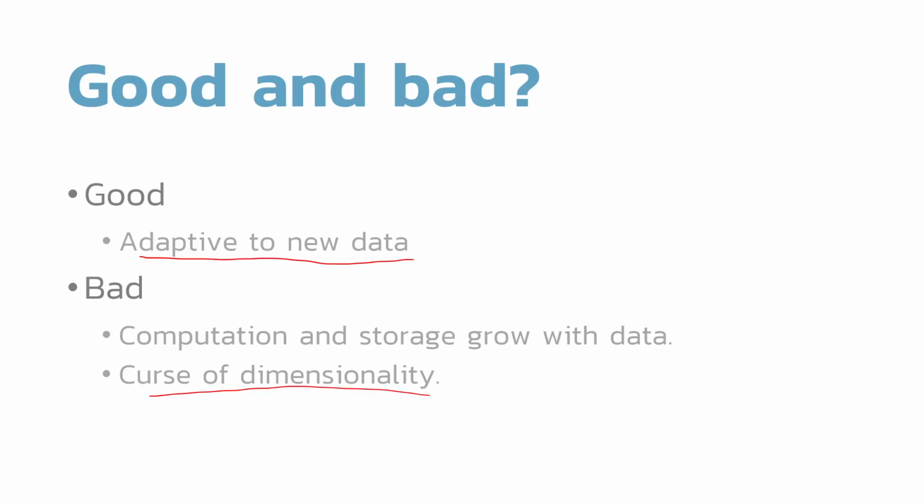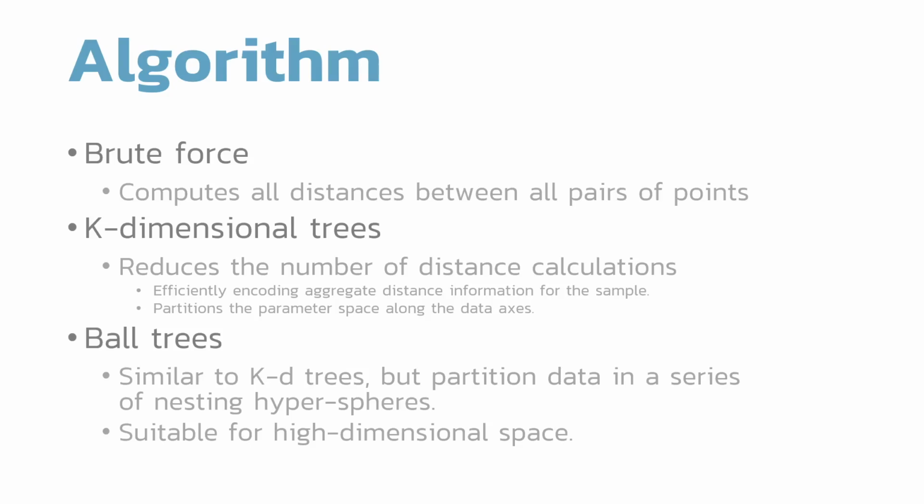Another thing that works internally is the algorithm for finding the distance between neighbor pairs. There are many ways: you can use brute force to compute every distance between all neighbor points, or there are quicker ways called k-dimensional trees and ball trees. This is just the detail of how you decide on the nearest neighbor points, because the search can be quite time consuming.